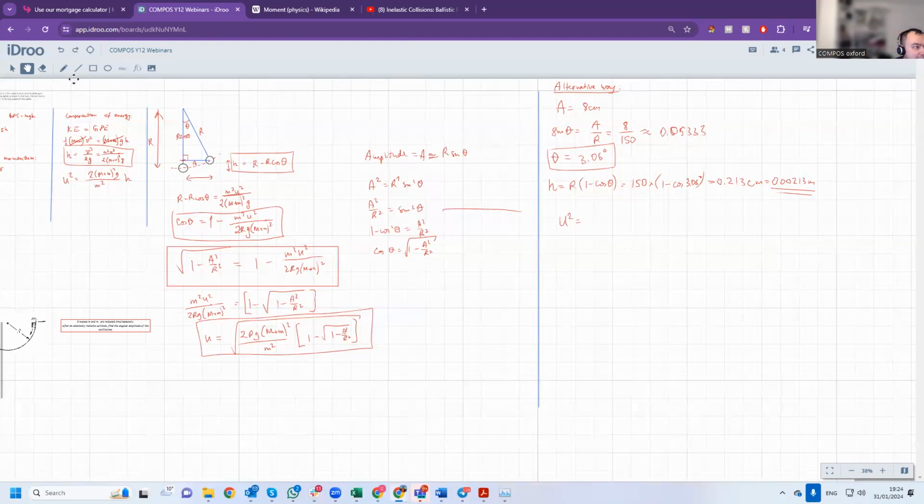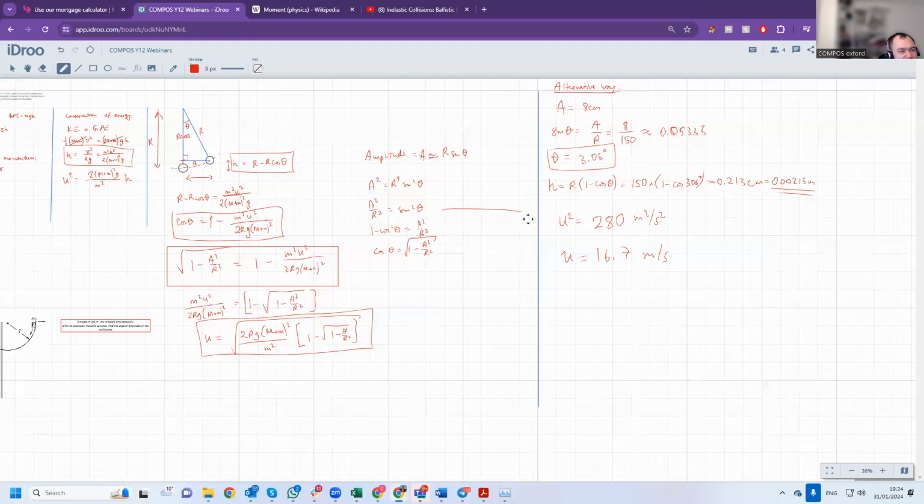Okay, well, I hope I didn't make a mistake. You can check my working out later on. And so u squared is going to be 280 meters squared per second squared, so u is the square root of that, 16.7 meters per second.